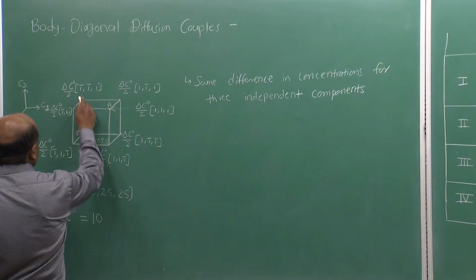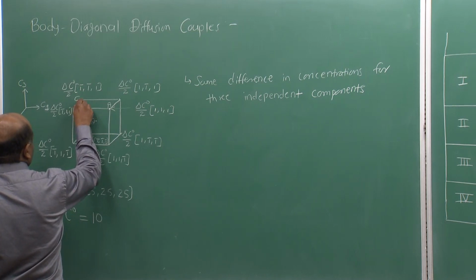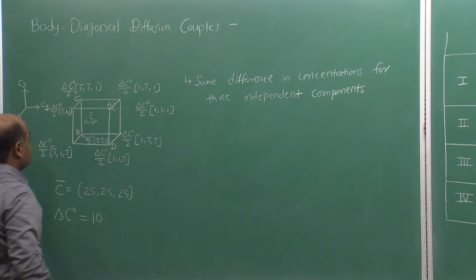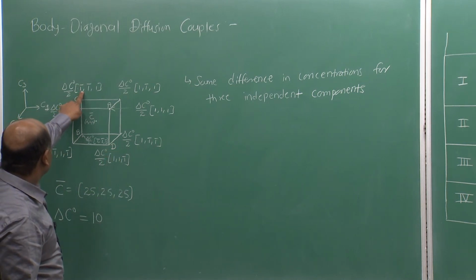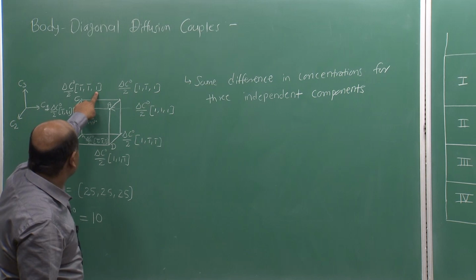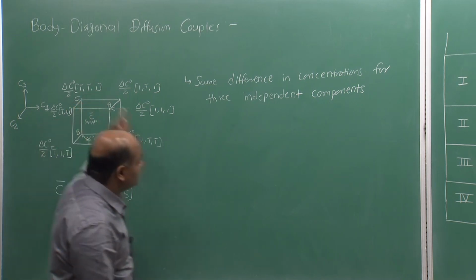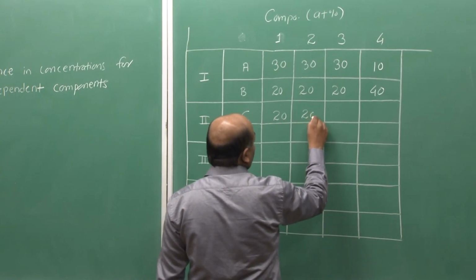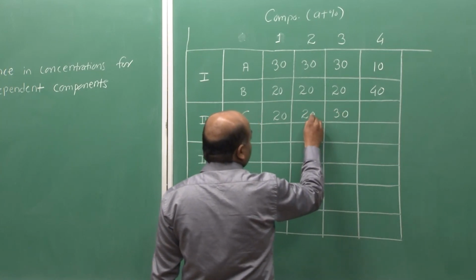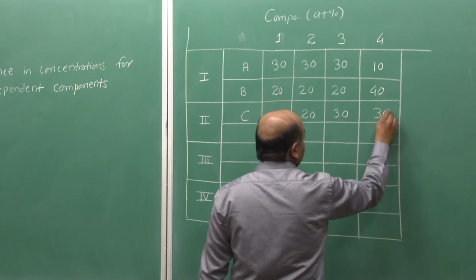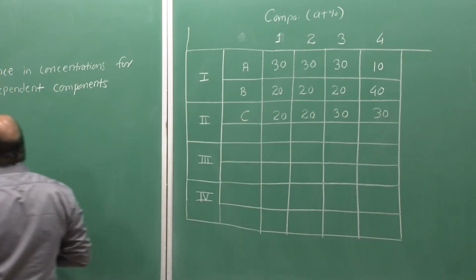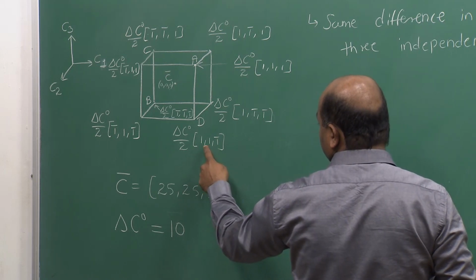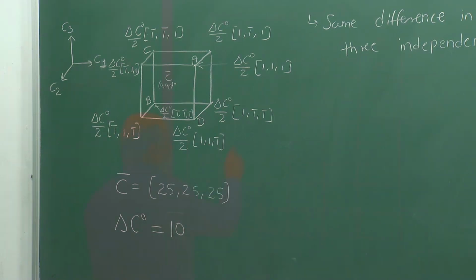The second couple can be, let us call this C D. So, the composition of C is -5 -5 5. So, that will be 20 20 30. So, 30 plus 20 is 50, 70. So, the remaining will be 30. Composition of D would be +5 +5 -5, 30 30 20.